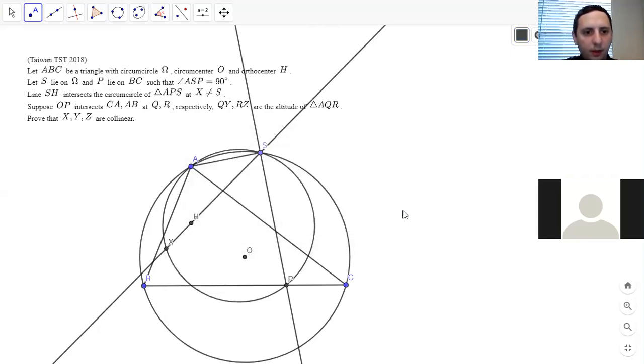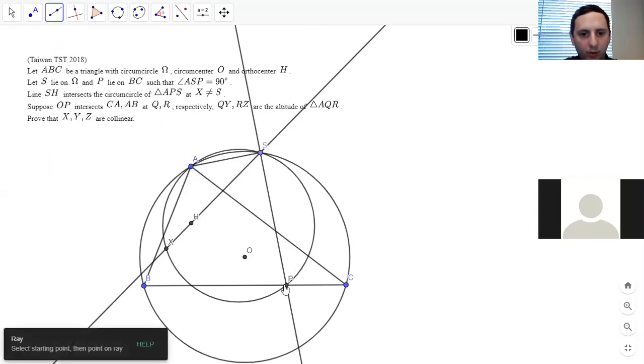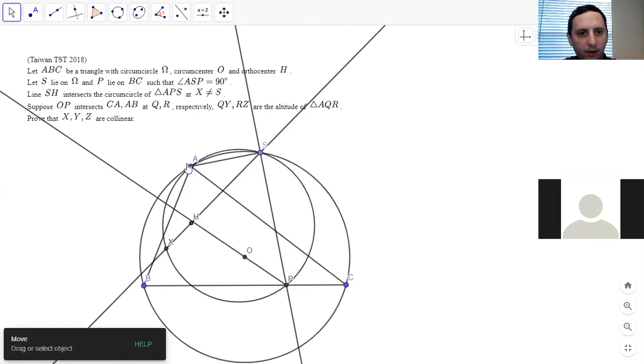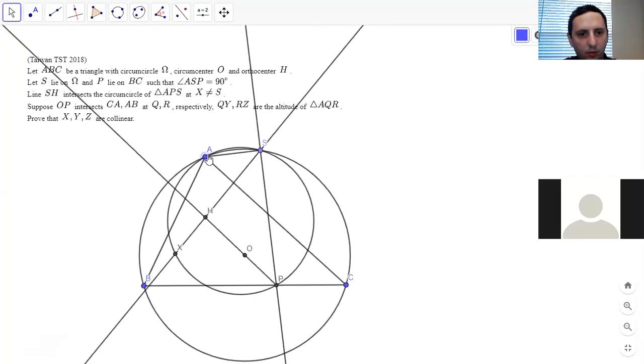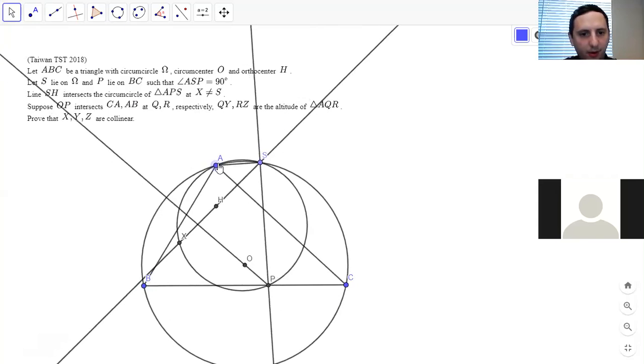Then OP, we try to see where it intersects CA and CB. So I can draw a ray. That's going to intersect CA really far away. So let me try to move things a little bit. Almost looks like OP is parallel to AC, right?